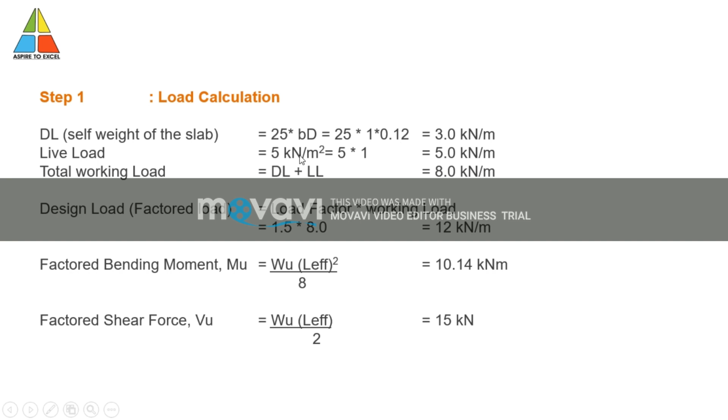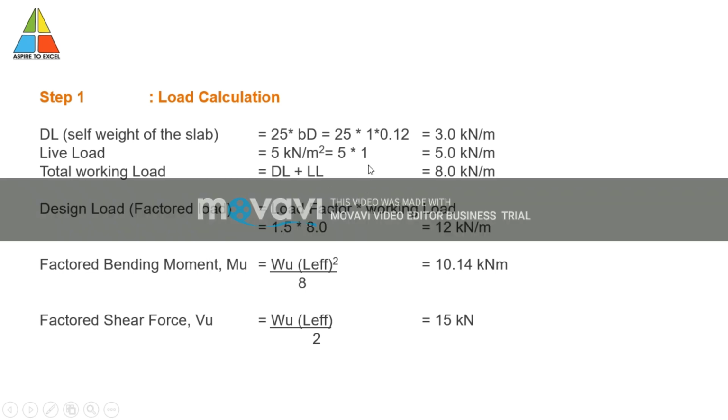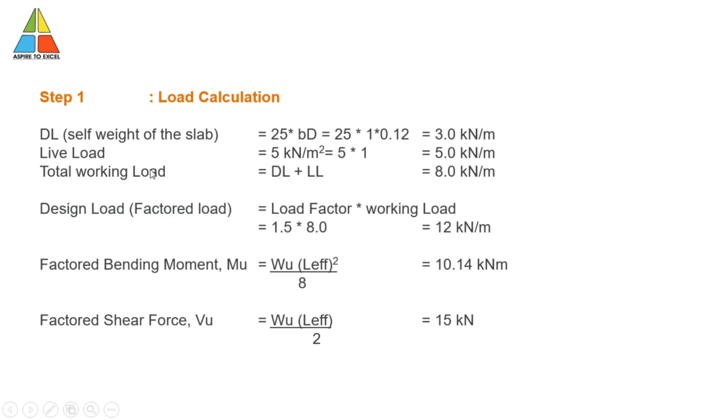The live load as per IS 875 is something between 3 to 5. Since it is a public building, we should consider the live load on a higher side, so we are considering it as 5 kilonewton per meter square. The width of the slab is 1 meter, so I multiplied this with 1. So again the unit changed from kilonewton per meter square to kilonewton per meter. So the total working load, that is dead load plus live load, is equal to 3 plus 5, which is 8.